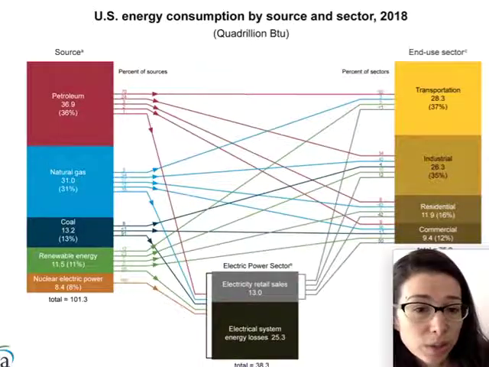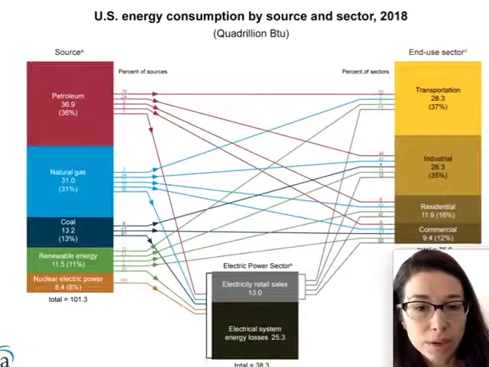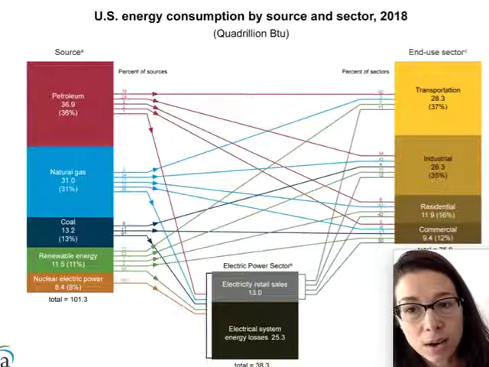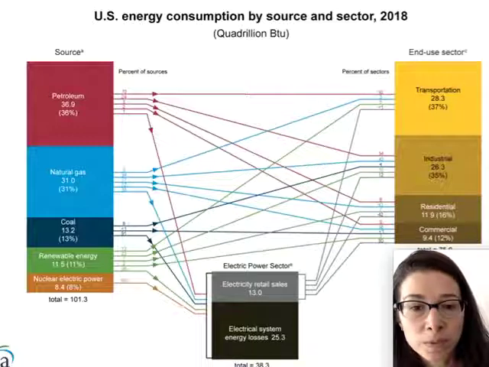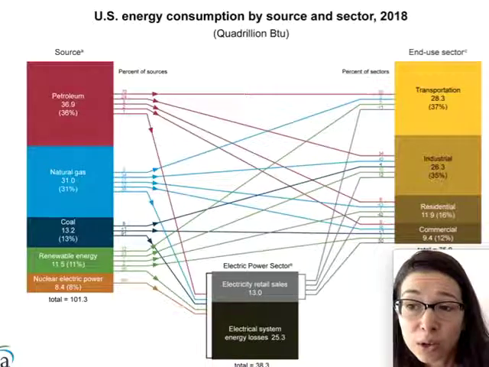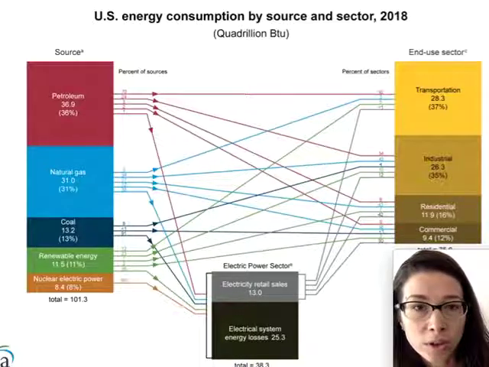And they're also showing you that 25% of that is just lost, right? So we've talked about the second law of thermodynamics and how every time you transform energy from one form to another, you're going to lose a significant amount of it to the system. So you can't conserve all of that energy. If you burn 100 calories of oil, you're not going to get an equivalent amount of electricity out of that.